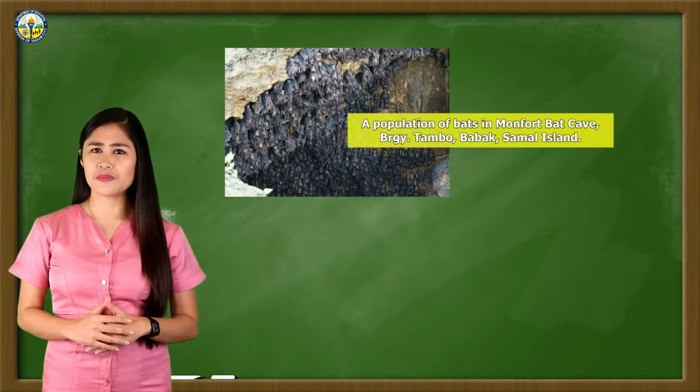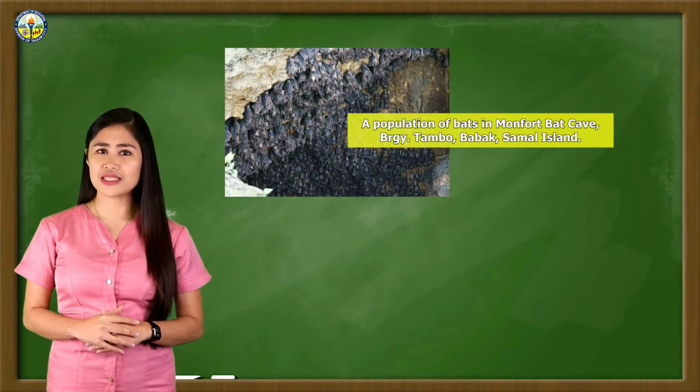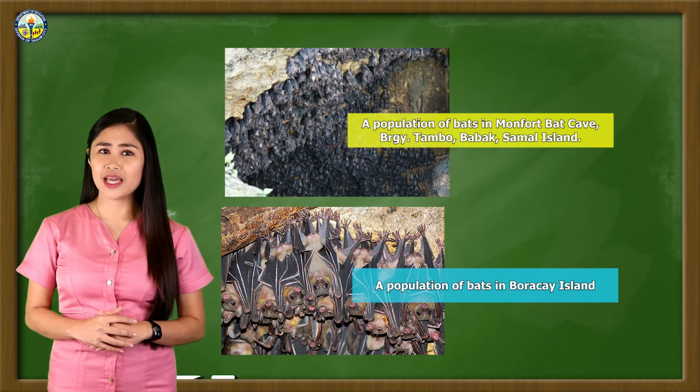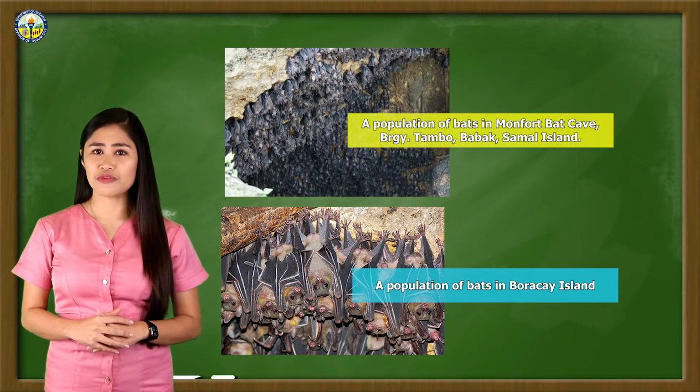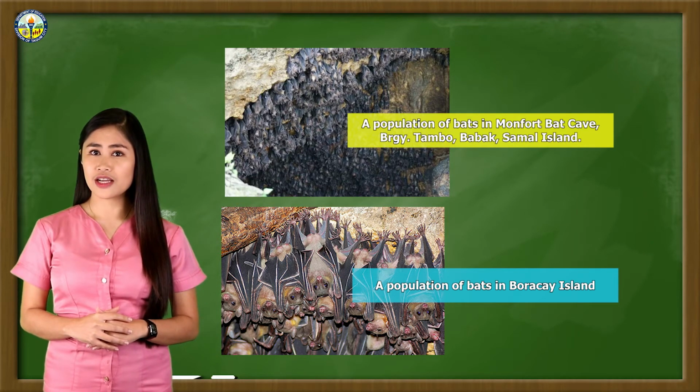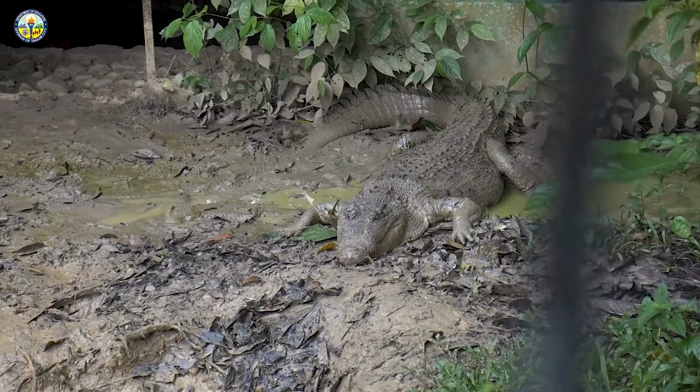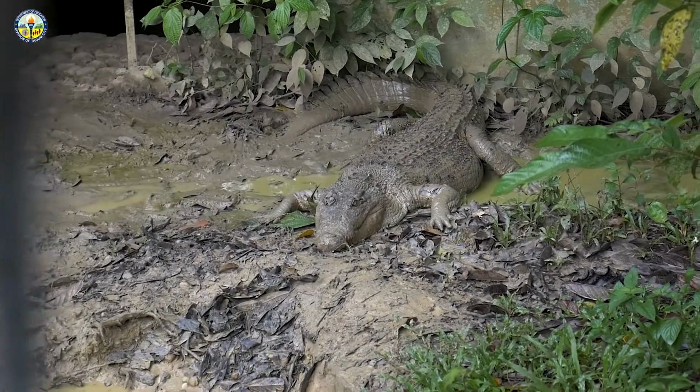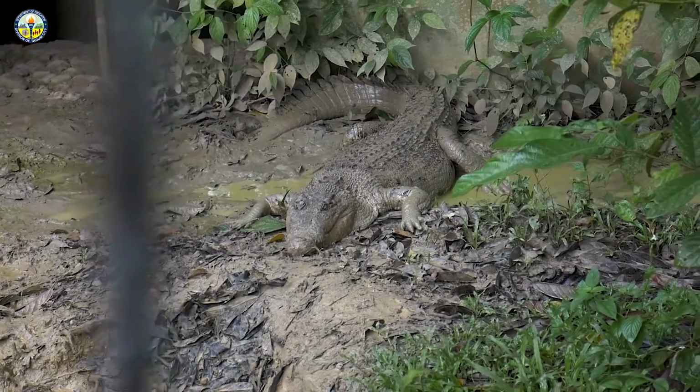What are your observations on the population of each group of animals? Do you think the bats in Montfort Bat Cave in Samal and the bats in Bat Cave, Boracay Island came from the same population? Why do you say so? What do you think would happen to the population of crocodiles in Subic if their habitat would dry up?